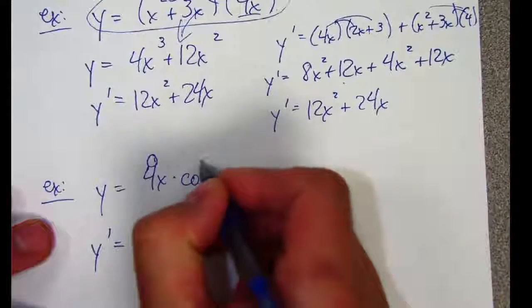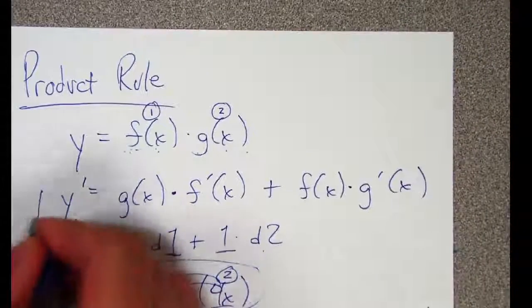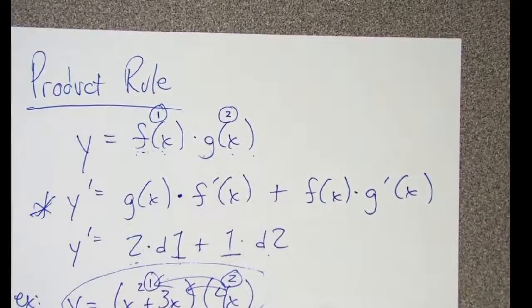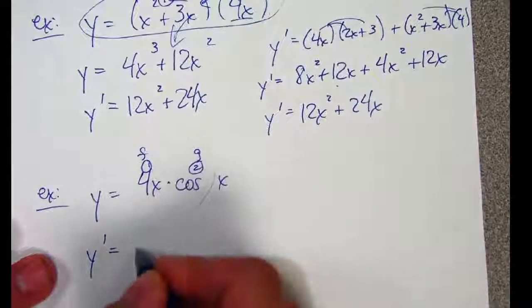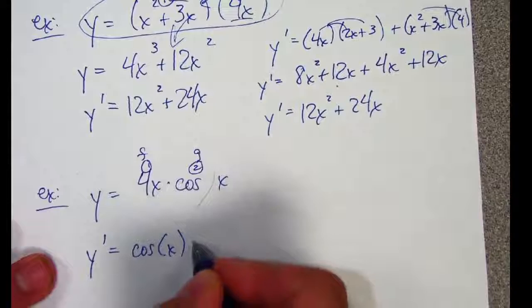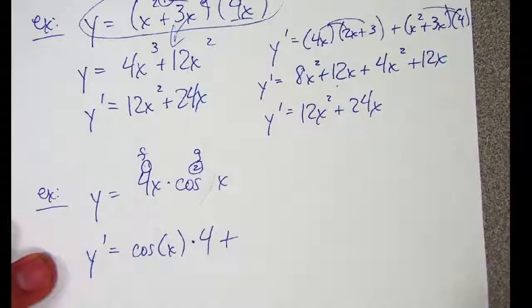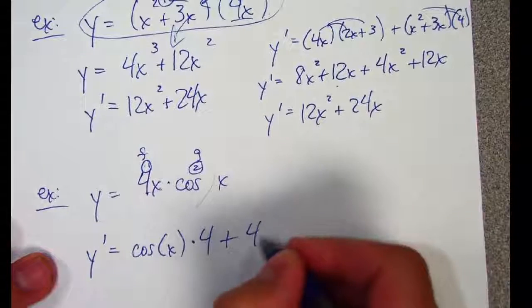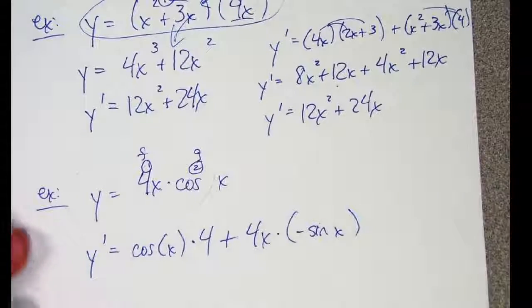I'm going to call this my 1 and this my 2, or this is my f and this is my g if you prefer to think about it with the g and the f way, whichever works for you is good. So I would take the second thing, or the g, and multiply by the derivative of the first thing, or the f, plus the first thing, or the f, times the derivative of the second thing, or the g.